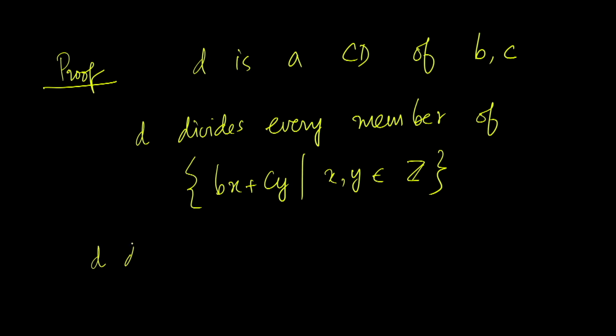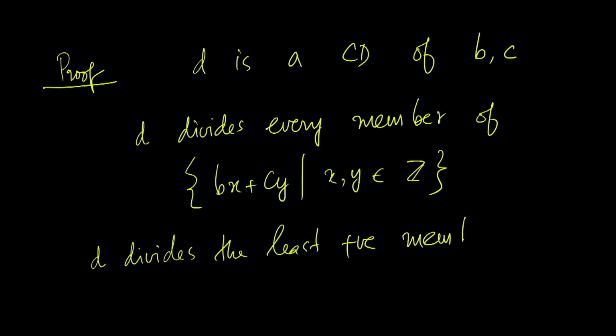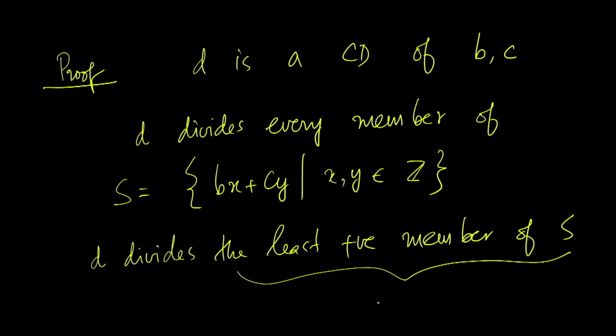In particular, D divides the least positive member of the set. This is what we call S. But then what is the least positive member of S? That happens to be the GCD of b and c. So, if D is a common divisor of b and c, then D divides G. So, every common divisor of b and c divides G.